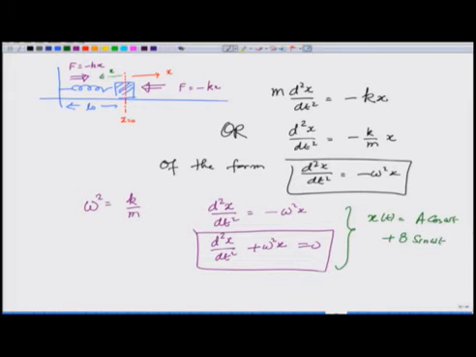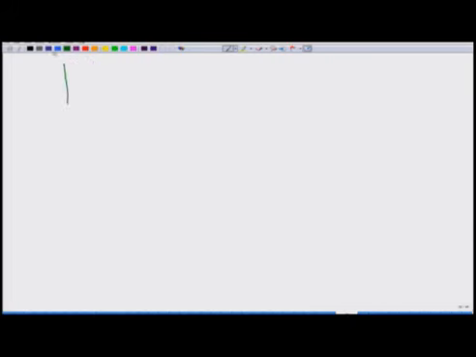So, what I have shown you is in a spring mass system where spring follows the Hooke's law, that is the force is proportional to the displacement, you get simple harmonic motion, right. So, in a spring mass system, if the mass is displaced, it is going to perform simple harmonic motion. So, here is a spring and this is the mass, x equals 0.